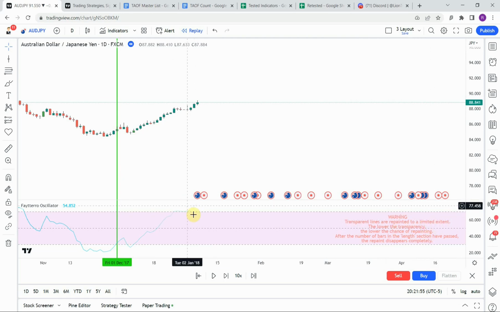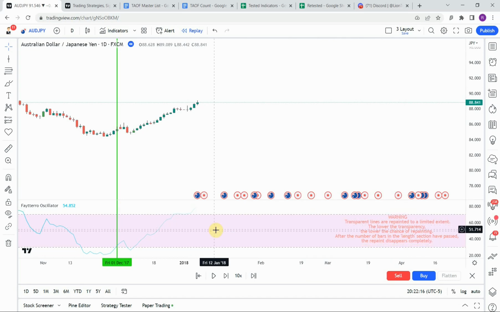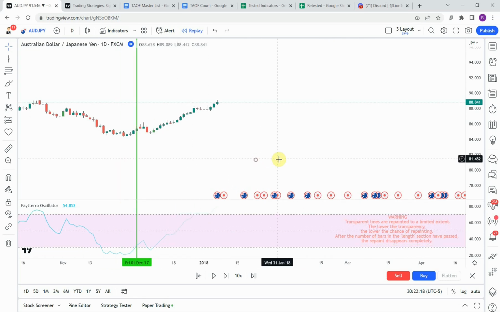And so at the beginning of this indicator here, drawing back slowly, it gets less and less transparent, I guess I should say. And the tip of this indicator does, by the warning here from the creator, repaint. Now I've done a video on repainting indicators.